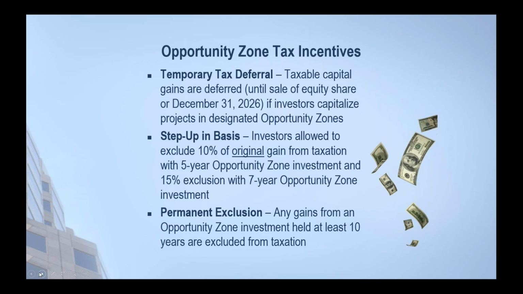This is a mixed use housing project. You hold that, you double the value of that project in 10 years. When you sell that asset, your equity asset in that project, you pay no capital gains taxes. So again, that's 1, 2, 3 different tax benefits that folks will realize from these investments.